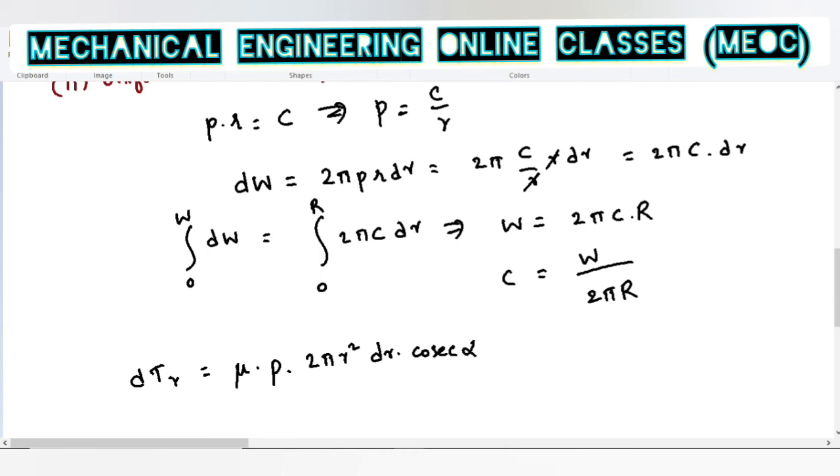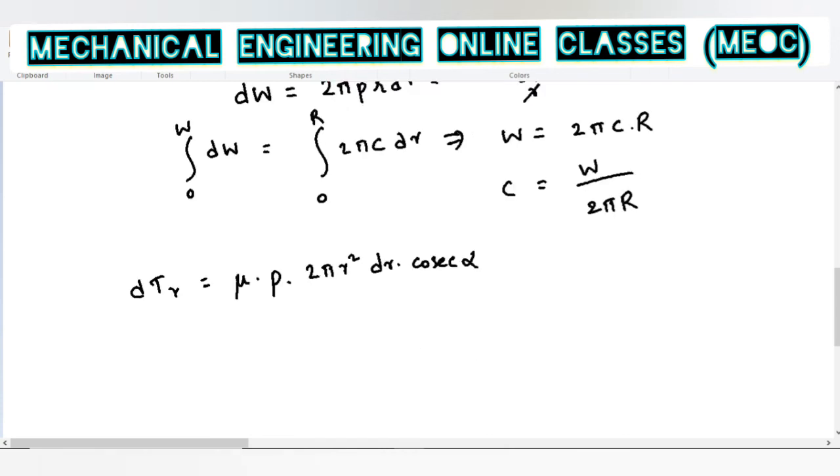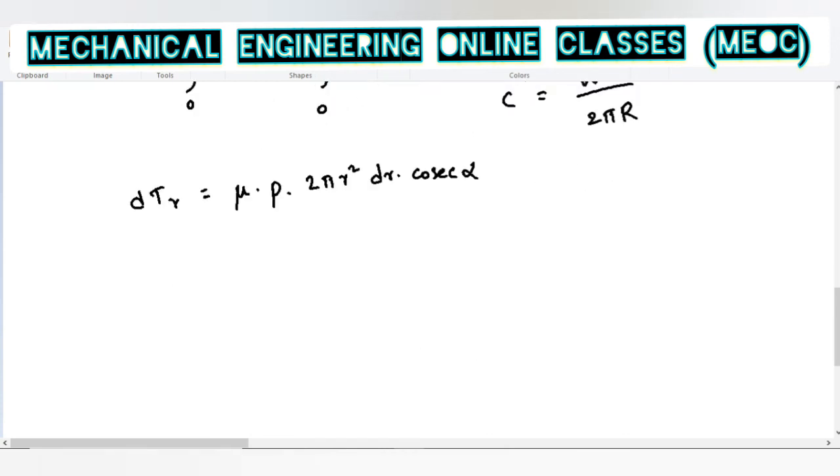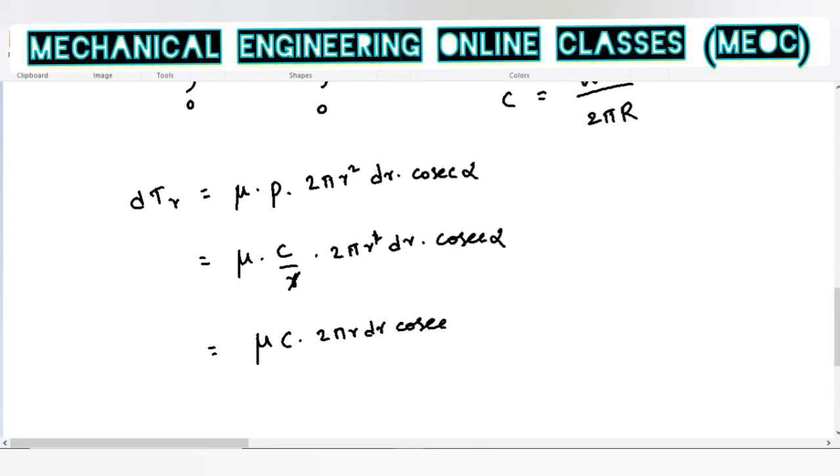I have just rewritten the dTr equation, that is equation 1. Mu into p can be written as C by r, into 2 pi r square dr into cosecant alpha. I can cancel out r. Mu into C into 2 pi r dr cosecant alpha.